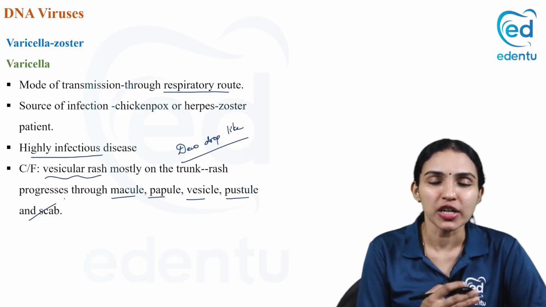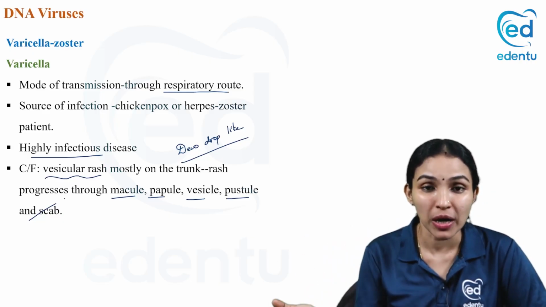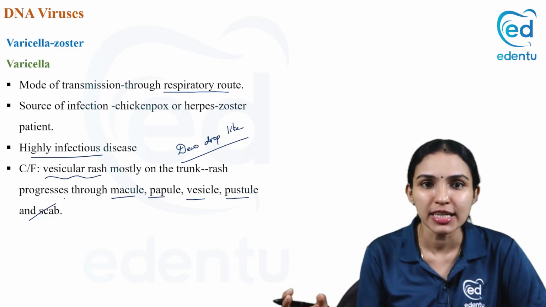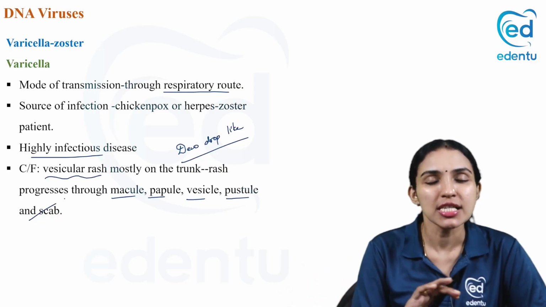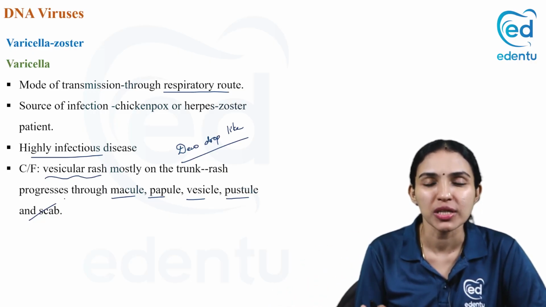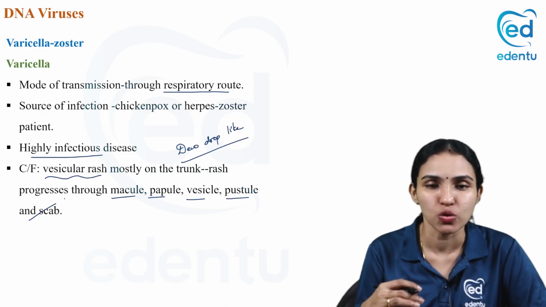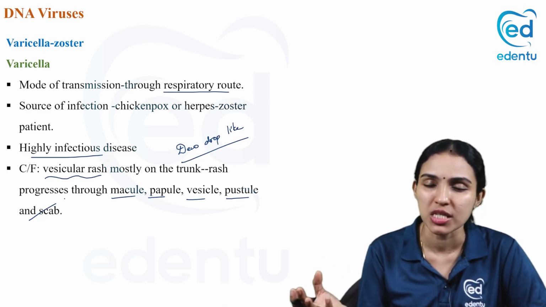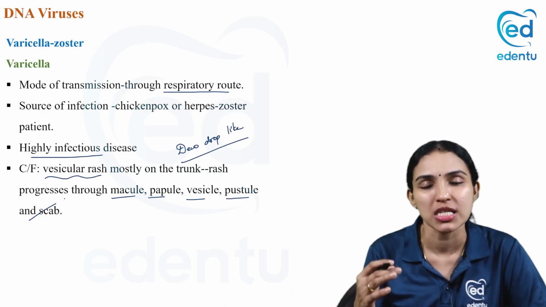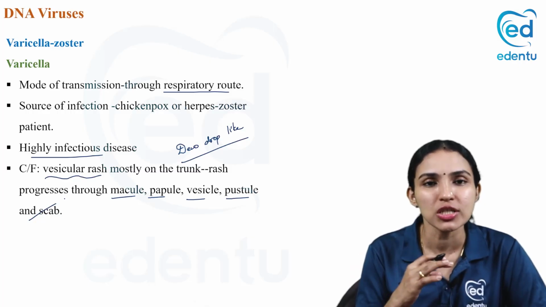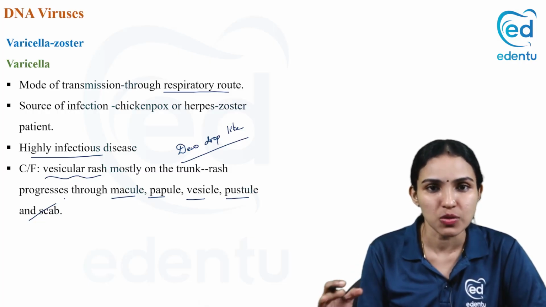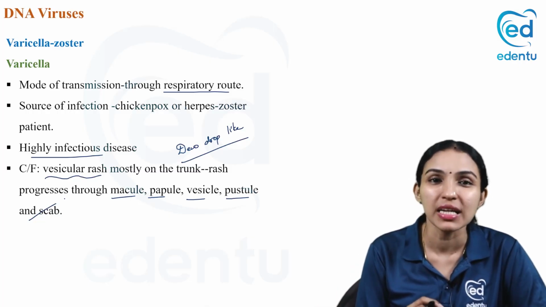The first day's set will be in the papule stage on the second day, while the second day's set will be in the macule stage. So when you examine the patient, you can see all the stages of rashes over the body: macule, papule, vesicle, pustule, and scabs. All the lesions have to scab off finally, and it may leave some scar.